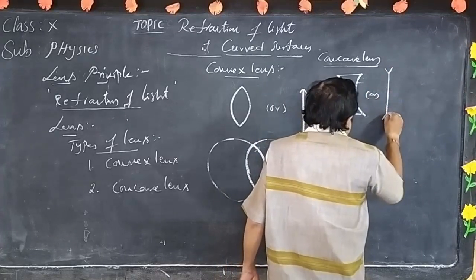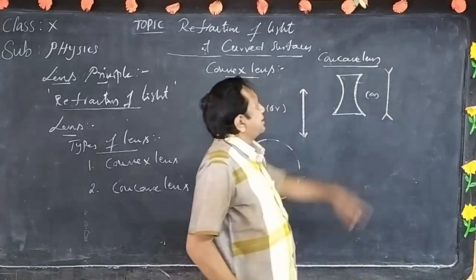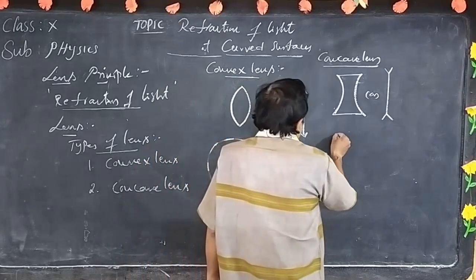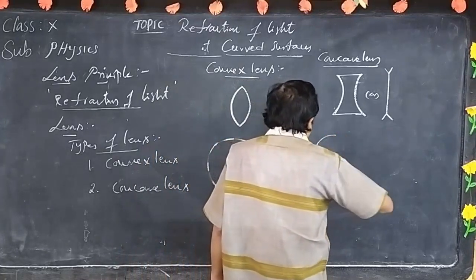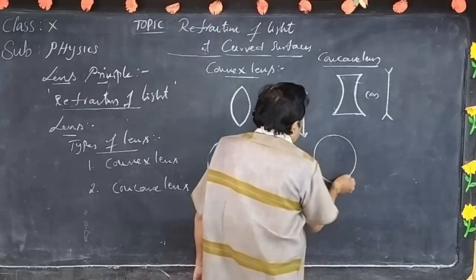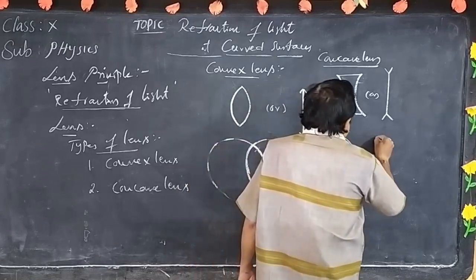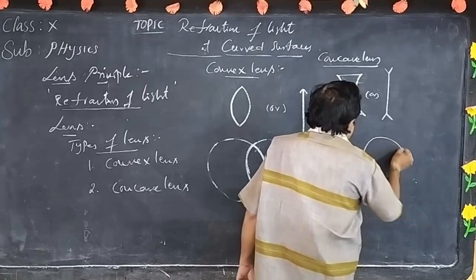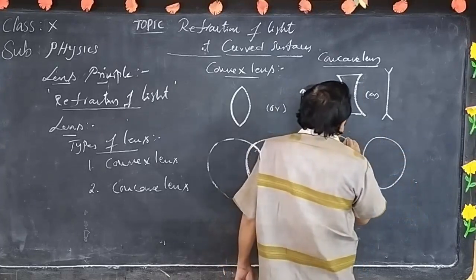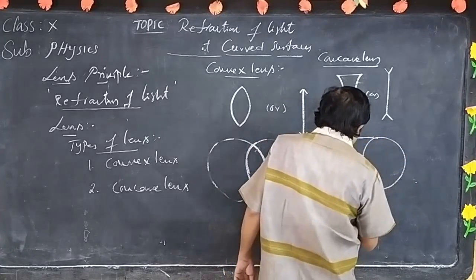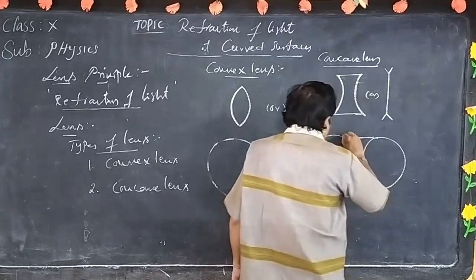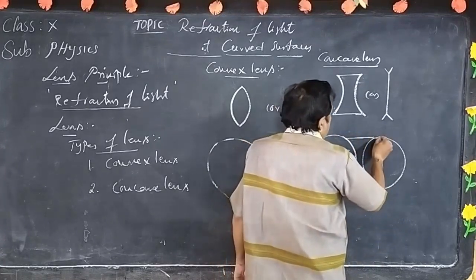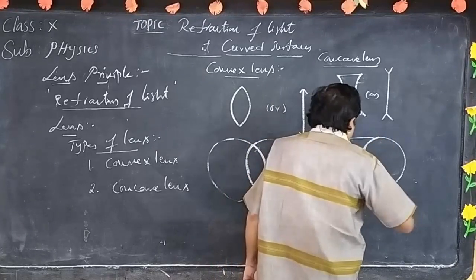Remember this symbol. It has to be drawn in reverse. This is the concave lens. How is it formed? Observe two spherical surfaces. This is one spherical surface, and this is another spherical surface. To attach these two spherical surfaces, to combine them, what happens here? Edges will be thicker. Understand the difference between concave and convex?